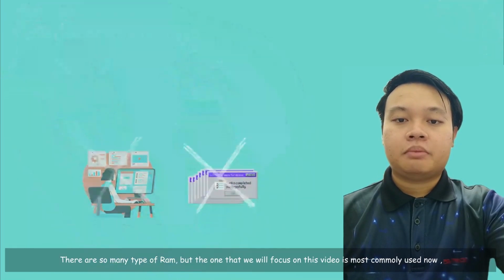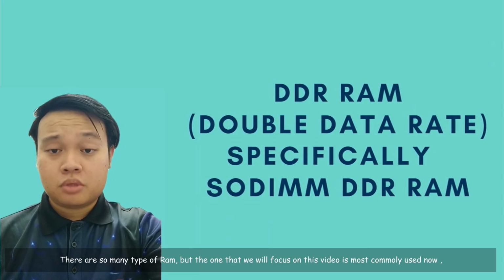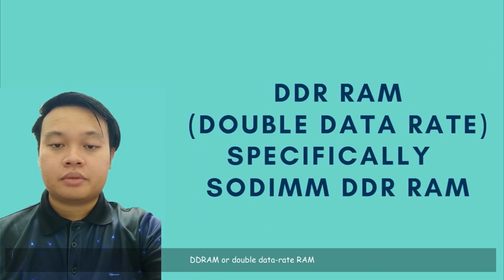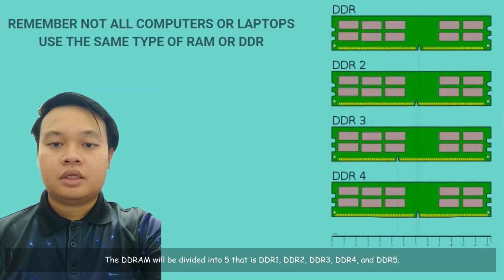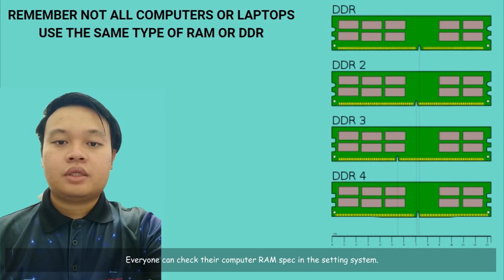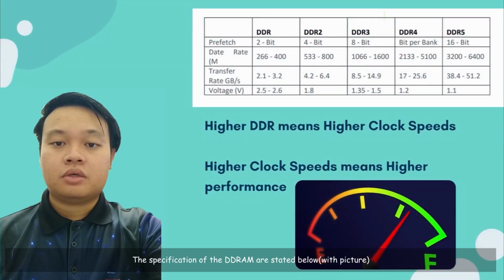There are so many types of RAM, but the one that we will focus on in this video is the most commonly used now, DDR RAM or double data rate RAM. The DDR RAM is divided into 5: DDR1, DDR2, DDR3, DDR4 and DDR5. Everyone can check the computer RAM spec in the system settings. The specifications of the DDR RAM are stated below.